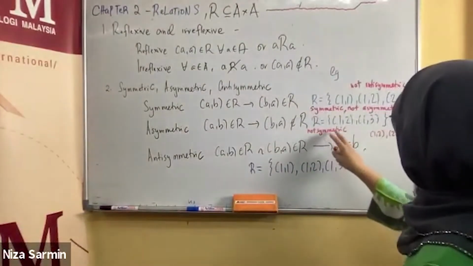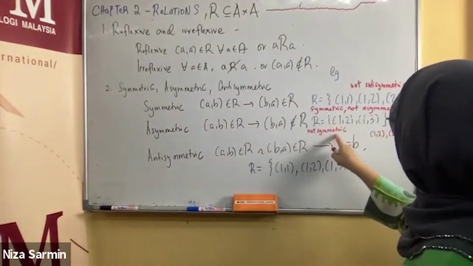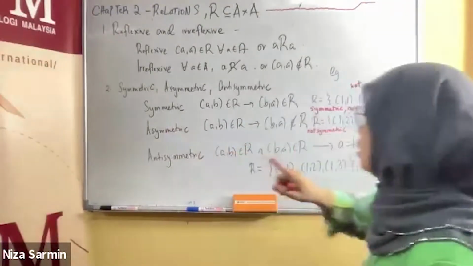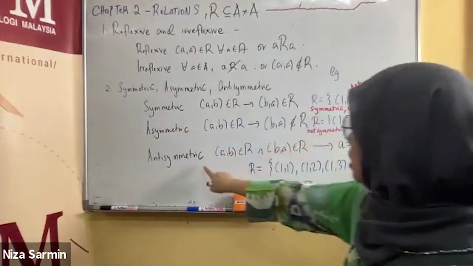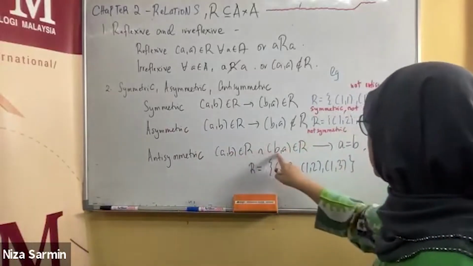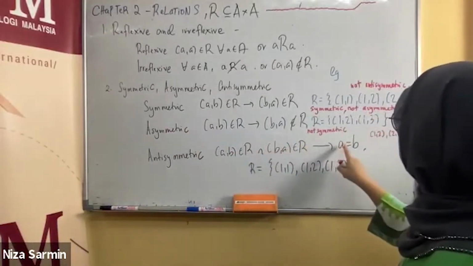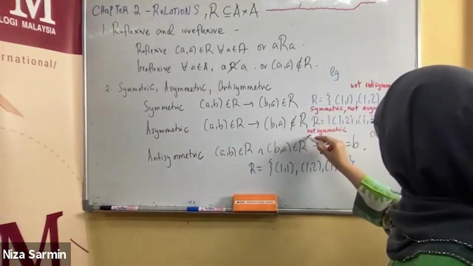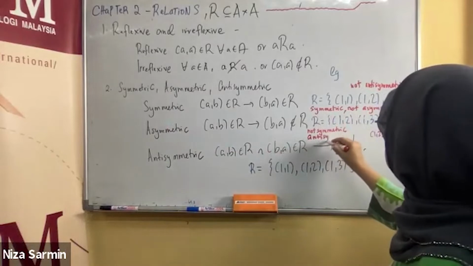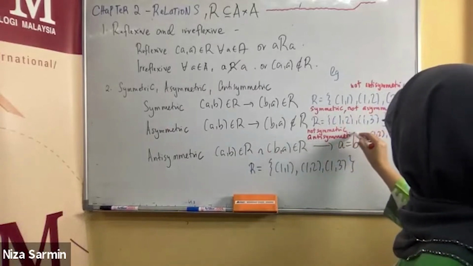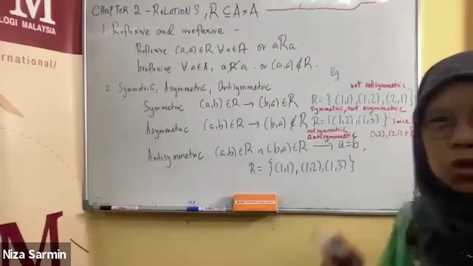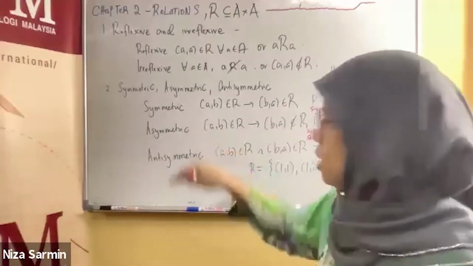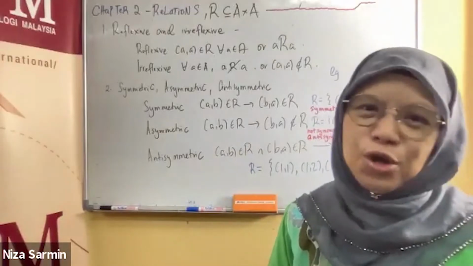Okay, and this one is not symmetric. This is asymmetric because that is the example of symmetric. What about antisymmetric? Antisymmetric means if you have both, then they have to be equal, but you don't have both, right? So this is also antisymmetric. Okay, so don't confuse yourself with looking whether they are the opposite or not.